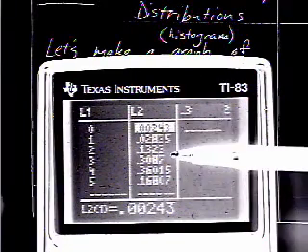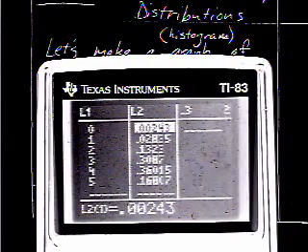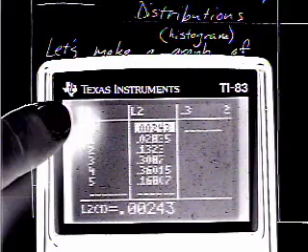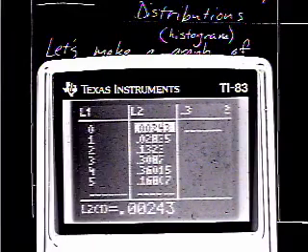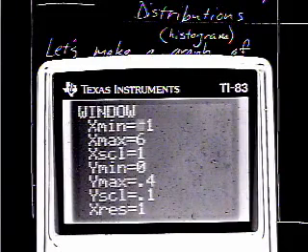What's the highest y value here in our list? Keep in mind it looks like 0.36. Our window should go from 0 to 5 and from 0 to 0.4. So let's change our window.